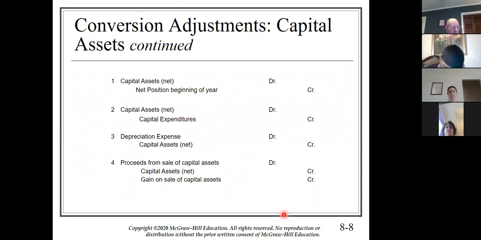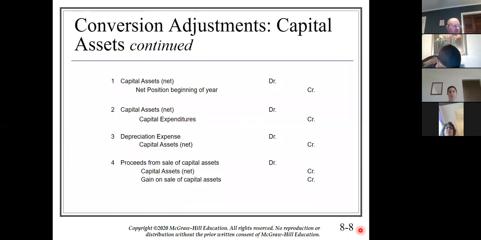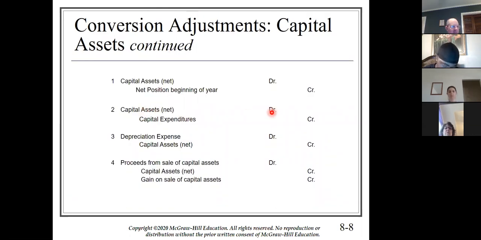So those 4 steps are shown here as journal entries. They debit capital assets, the amount that was at the beginning of the year, credit the net position, debit the capital assets that are new in the second entry, get rid of their capital expenditures account.